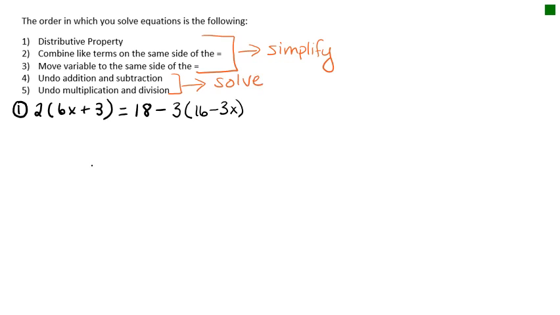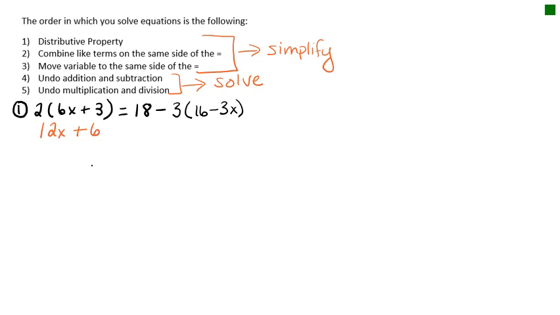Okay, so we're going to do distributive property first on this equation. Remember, we can't add or subtract anything as long as there's parentheses in our equation. So the first thing I'm going to do is distribute the 2 to the 6x and the 2 to the 3 here. So I'm going to do 2 times 6x, which is 12x, and then 2 times 3, which is 6.